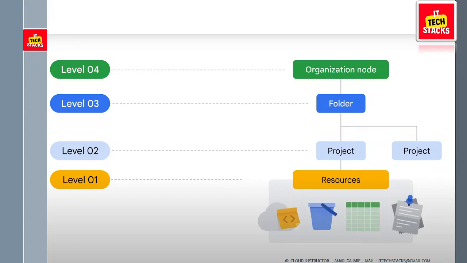This means that if you apply any policy on a folder, it is also applied to the projects within that folder. If you apply a policy at a higher level, it is inherited by the resource level.